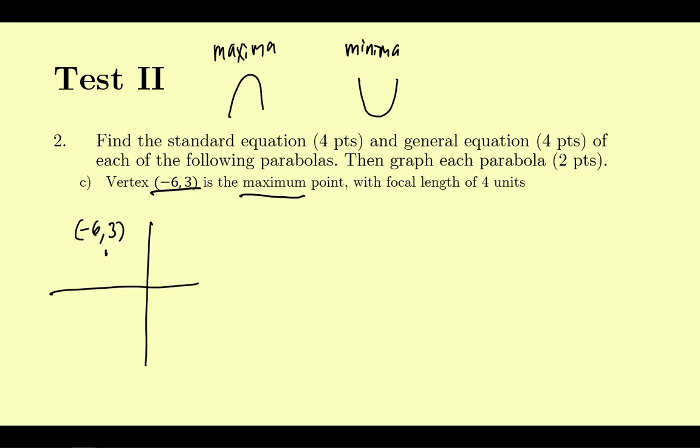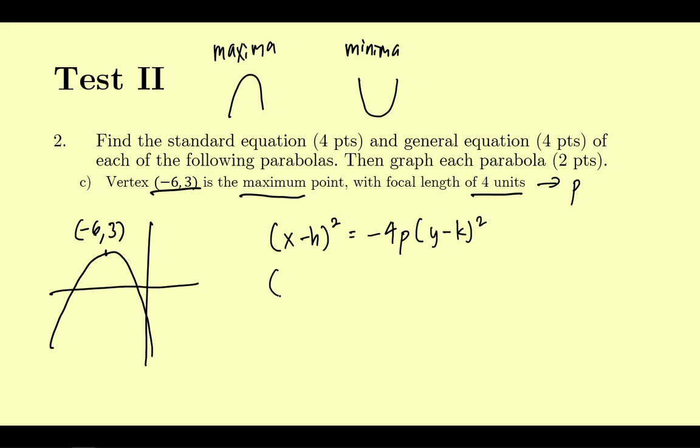Focal length of 4 units. We know that it opens downward. Focal length is 4 units. So we can find the focus from there. Or no, there's no need to find the focus actually to find the equation. Just use this and this. This is your P. So we can use the formula for the vertical axis. x minus h squared is equal to, since it opens downward, we will use negative 4p y minus k.